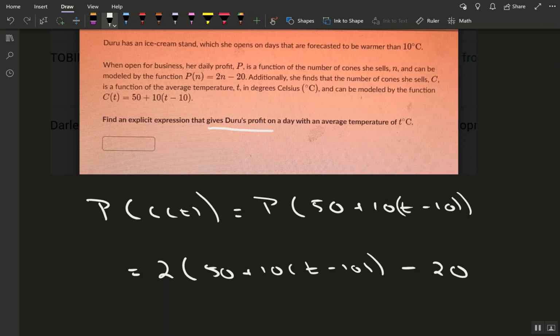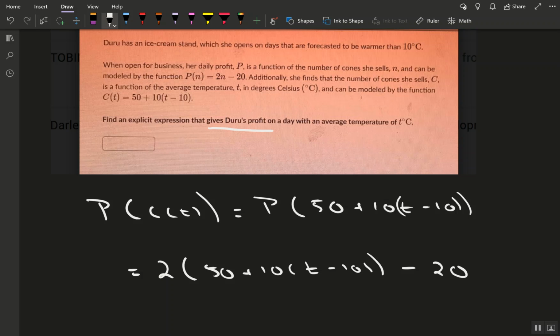She finds the number of cones she sells, C. So C will give out a function in terms of time that will equal your N, your number of cones. So instead of calling it C of T, you could call it N of T, since C stands for the number of cones.